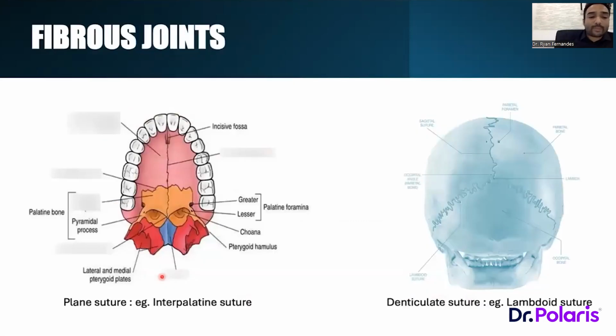Let's see the example for each. Plain suture, so interpalatine suture or even palato-maxillary suture, they are the typical example of plain suture, almost a straight line between the two bone plates. Then comes denticulate suture. The lambdoid suture in the skull, you can see it looks almost like multiple teeth there. So that is why the name denticulate.